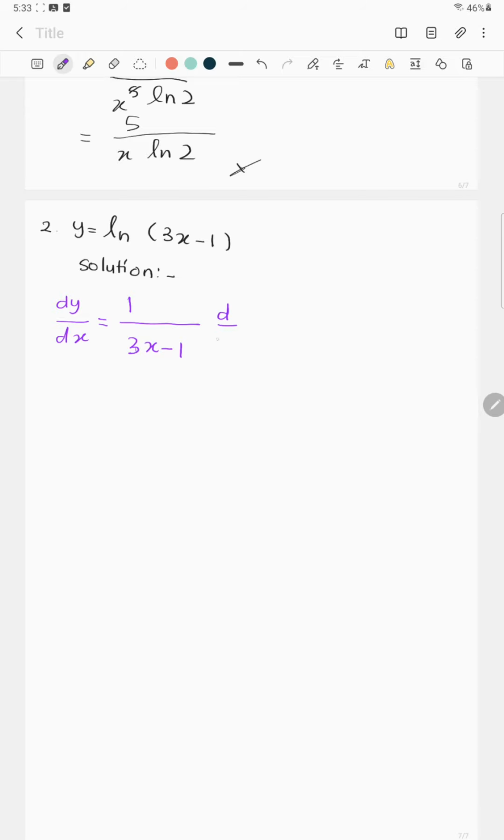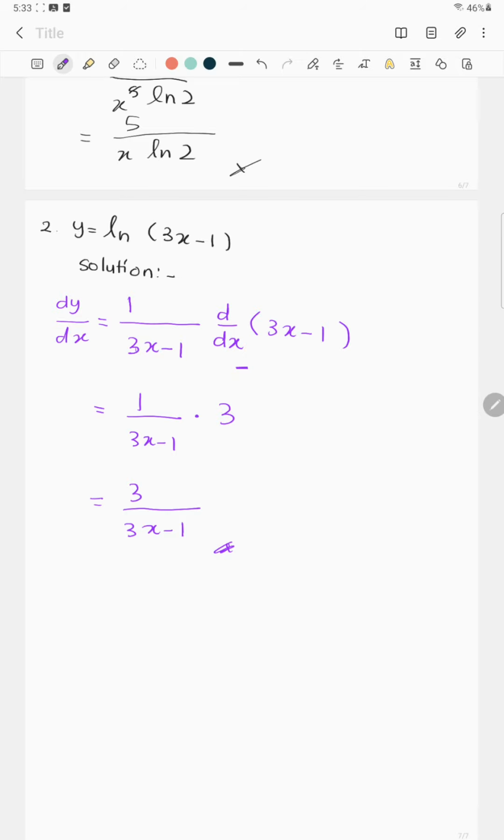Don't forget that 3x minus 1 is not in the simplest form, so we can differentiate it. Therefore we use the chain rule. Write back, and now differentiate 3x minus 1, we get 3, and make it in the simplest equation. So this is how we write, and this is the answer.